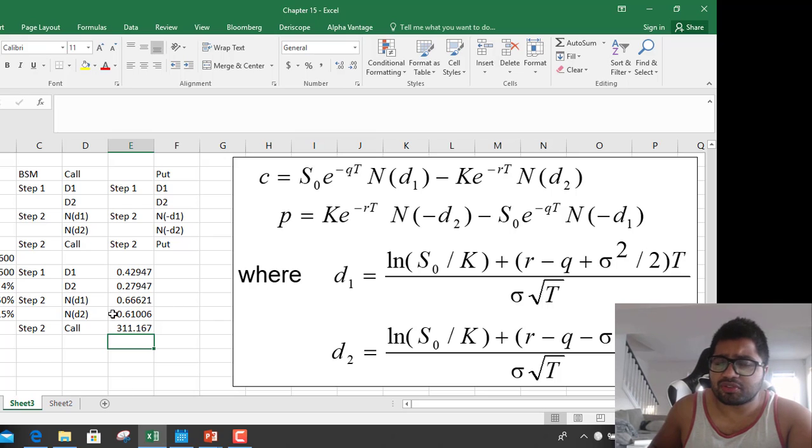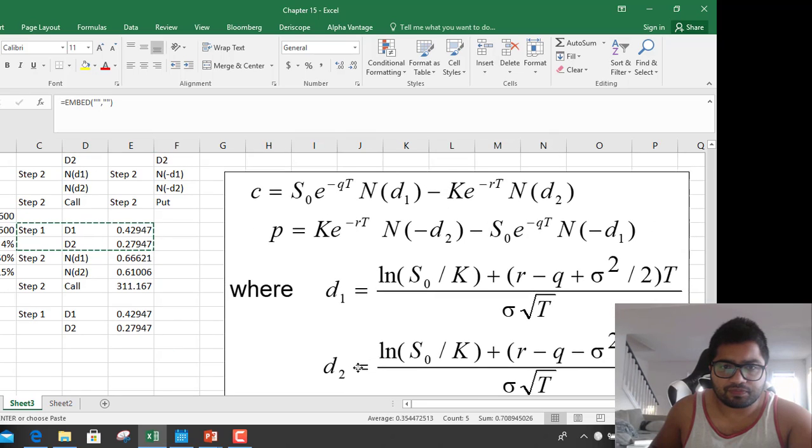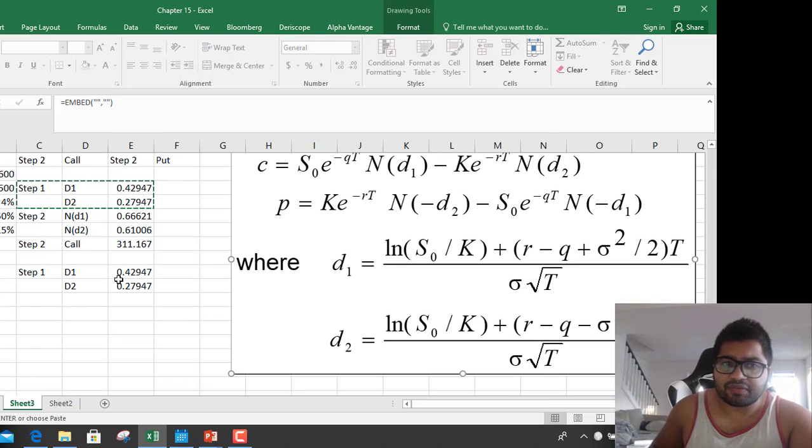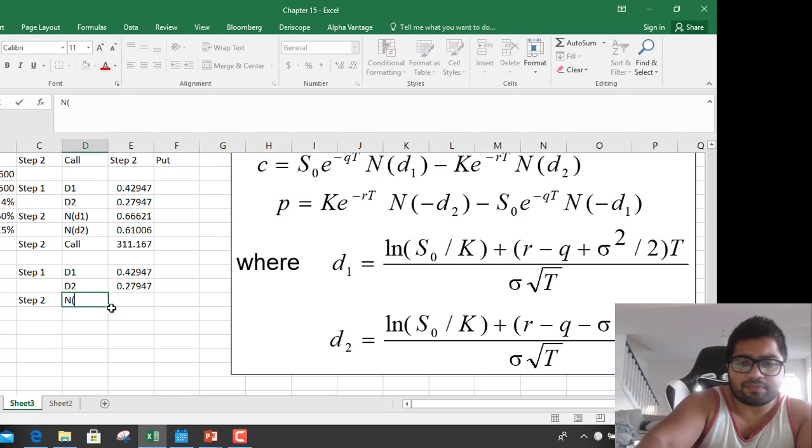Now let us do the same thing for a put option. So for put option, the first step remains the same. So you calculate D1 and D2. Then step 2 changes. You calculate N minus D1 and N minus D2.